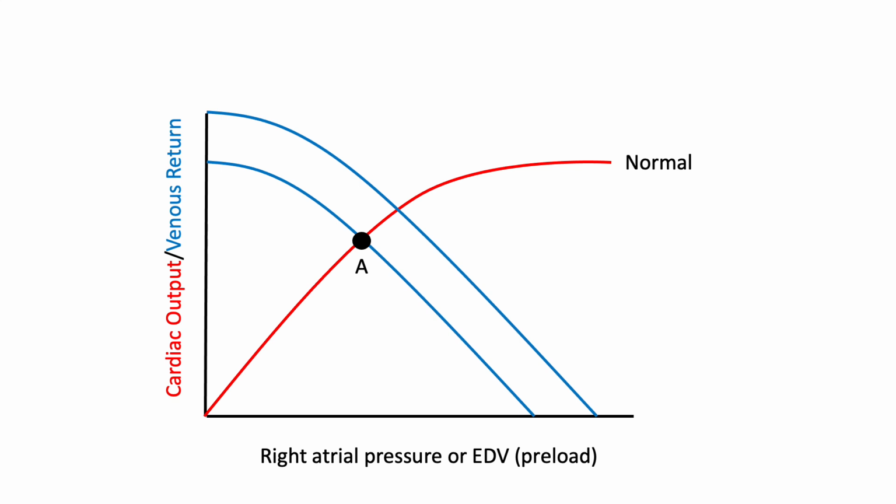And because I've increased their preload, that left ventricle is going to stretch more to accommodate that volume, and you're going to get a more forceful contraction and a higher stroke volume. So your cardiac output is going to go up. And so that's why we see when the curves change here at point B, the new equilibrium is at a higher cardiac output when I increase preload.